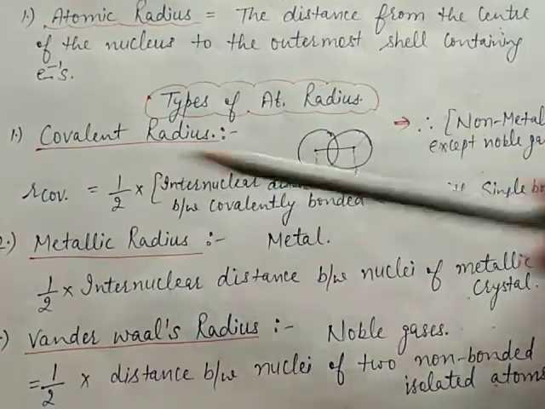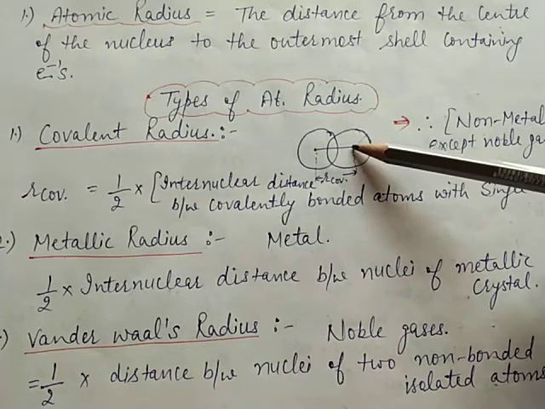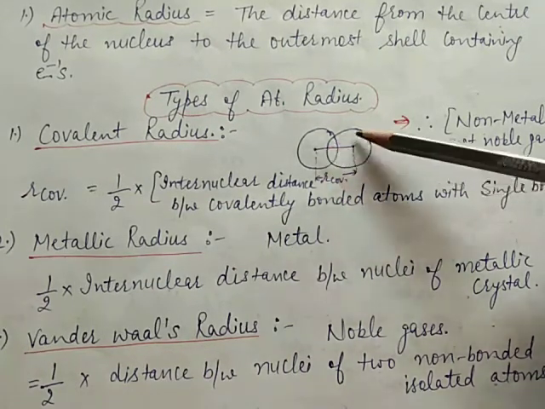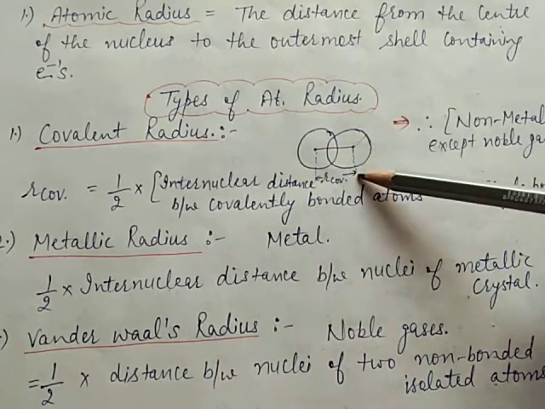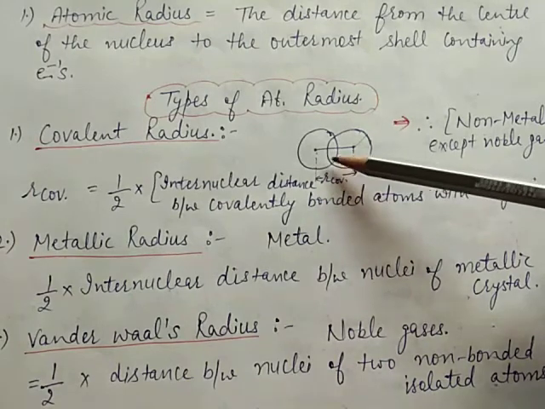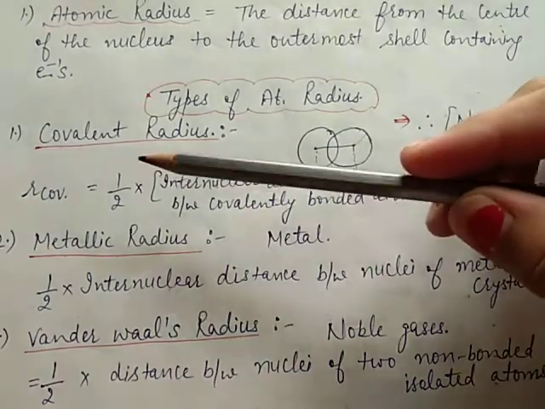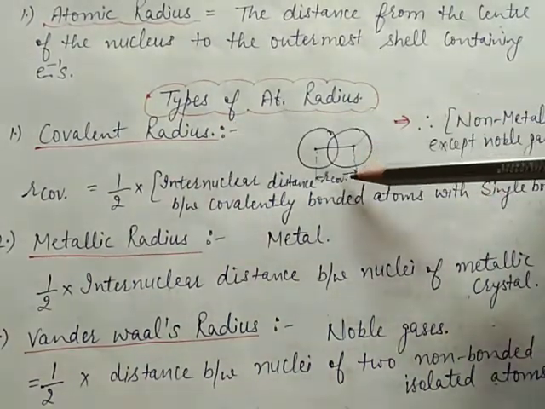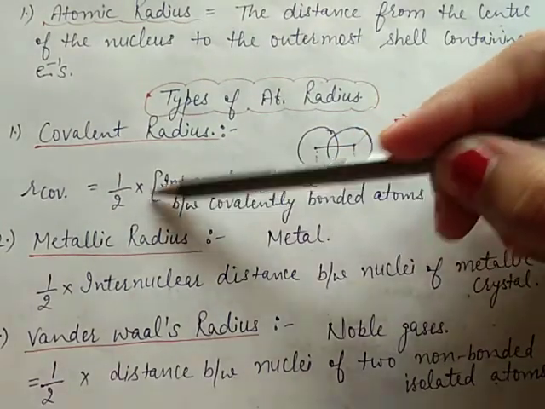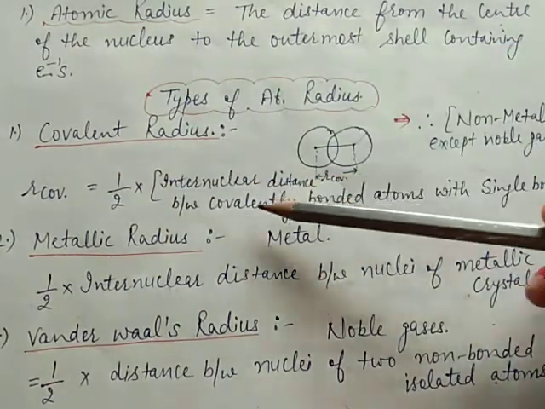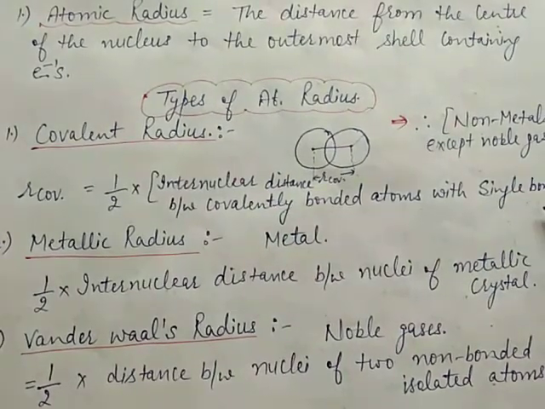Suppose these are the two atoms, this is the nucleus of atom A and this is the nucleus of atom B. The internuclear distance between the covalently bonded atoms with a single bond is covalent radius. Covalent radius is equal to 1/2 into the internuclear distance between the covalently bonded atoms with a single bond.